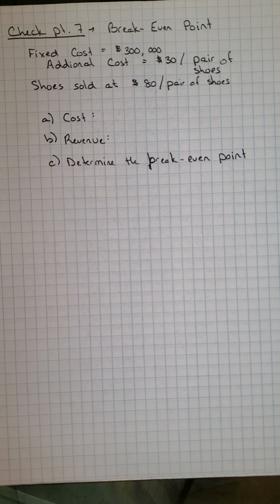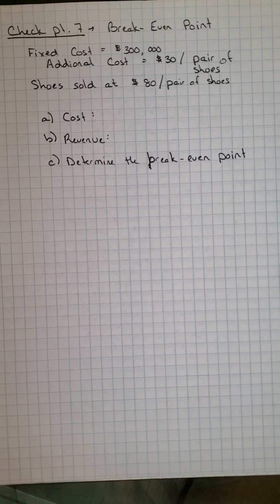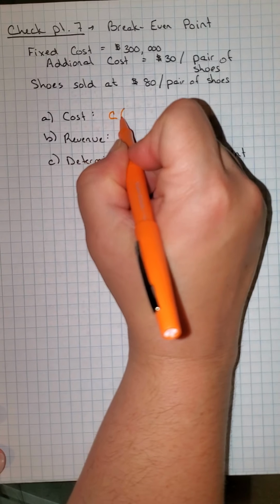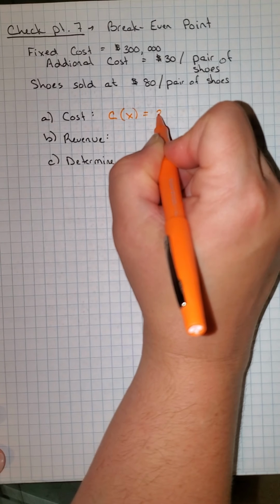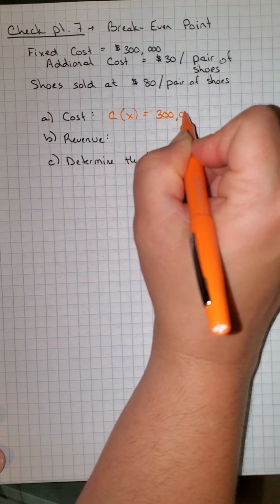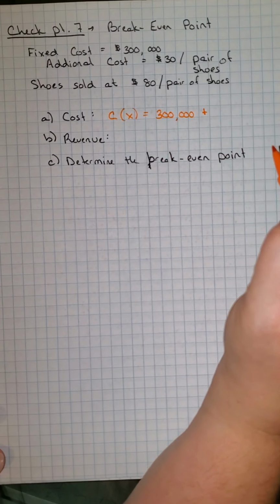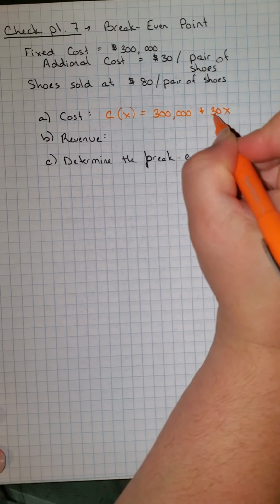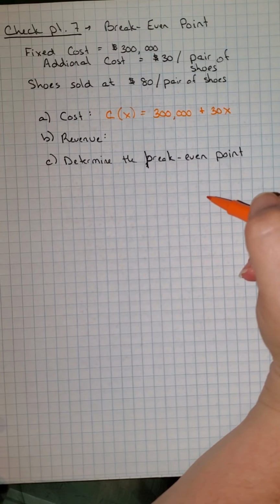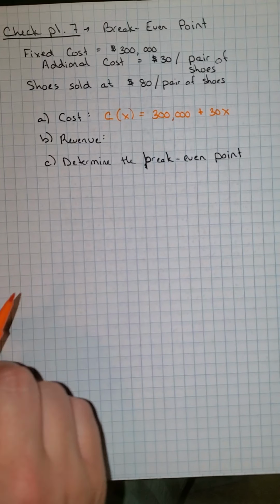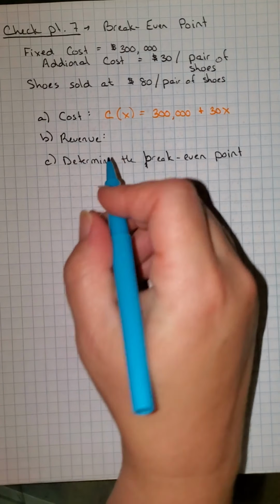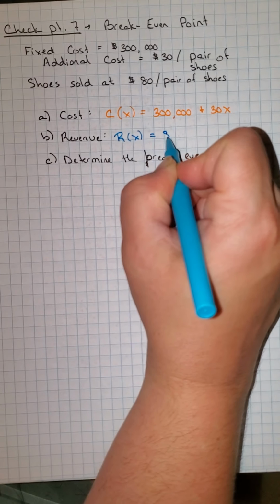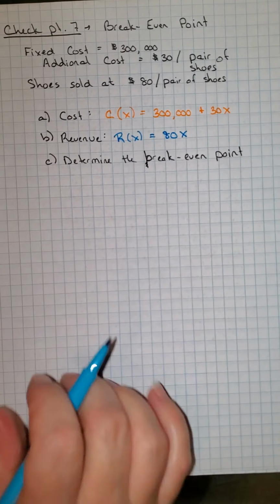How much you're bringing in equals how much is going out. So our cost, we have a fixed cost, we'll call it C of x. We have a fixed cost of $300,000, and then add on to that the cost per shoe. I'll do 30x because it's times however many shoes you make. The revenue then, how much you're bringing in, that's your R of x, would be $80 per pair of shoes, so 80x.